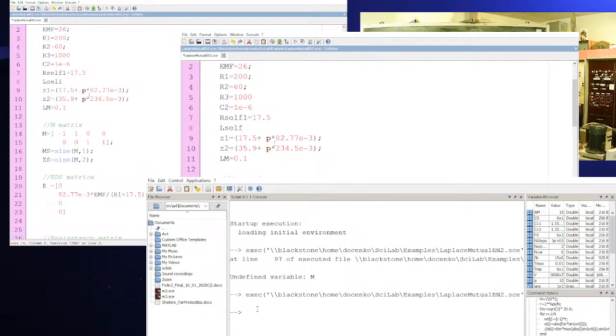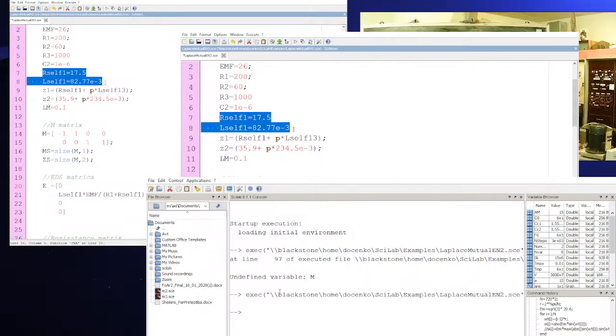L self 1 equals, now here will be, now I think it's more clear.